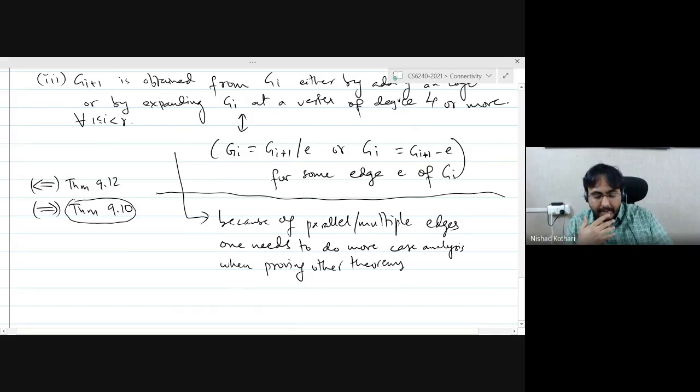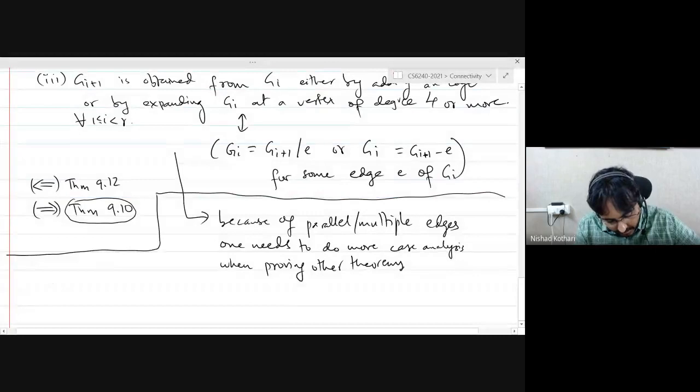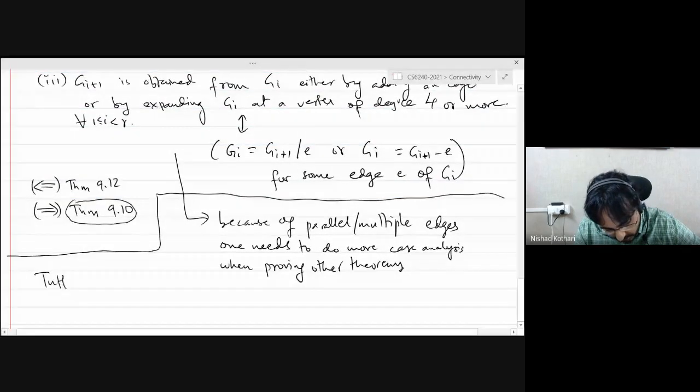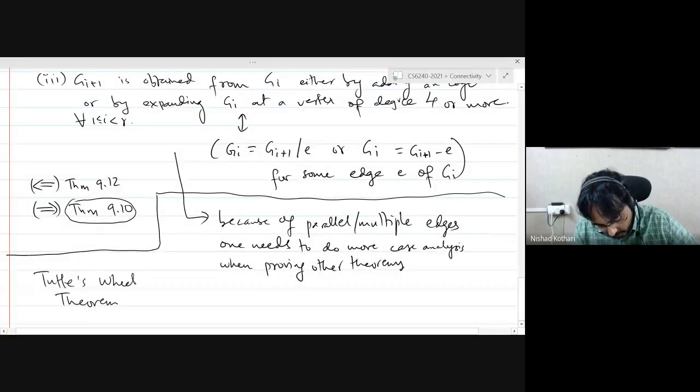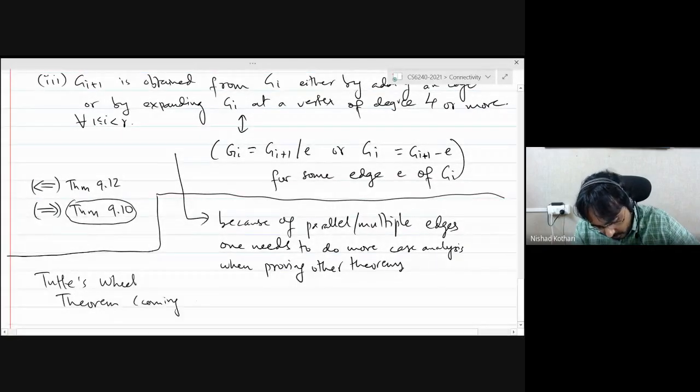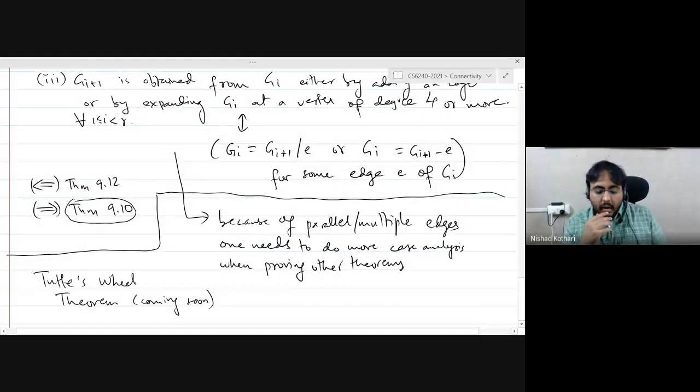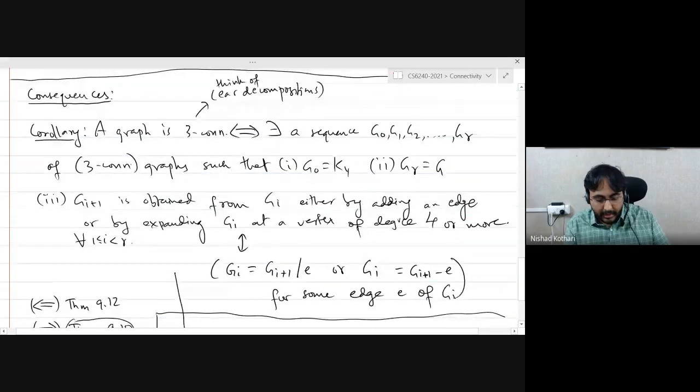And that is actually another very interesting result I want to cover. It will probably take us another 1 or 2 lectures to get there. There is a result called Tutte's wheel theorem, coming soon. It tells you that you can actually have the same corollary, except that now you can put all your graphs to be three connected and simple.